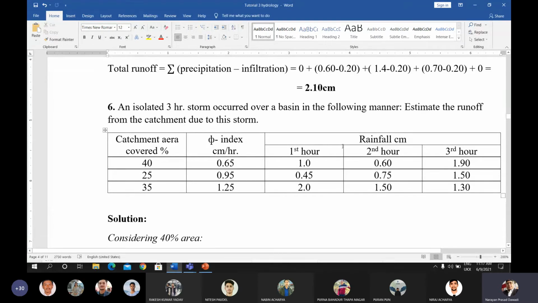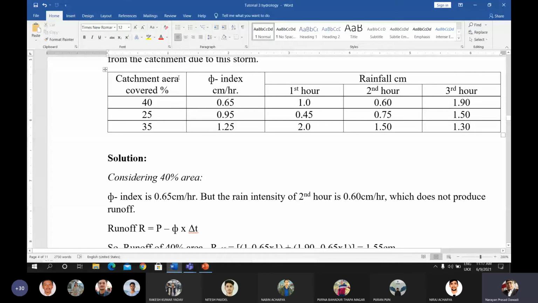I have not calculated the intensity of rainfall here, because the intensity and the depth of rainfall will have the same value, only the unit is different. For a total depth of rainfall of 1 centimeter, the intensity is 1 centimeter per hour. For a depth of 0.60 centimeter, the intensity is 0.60 centimeter per hour. That's why I have not calculated the intensity of rainfall for each hour for all the areas.